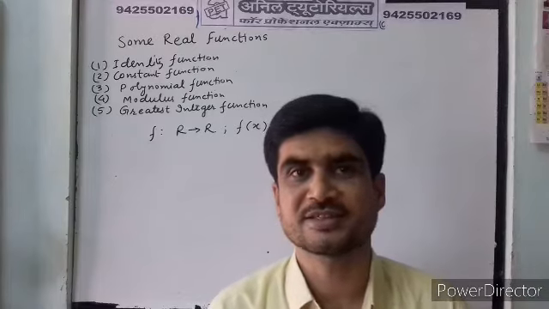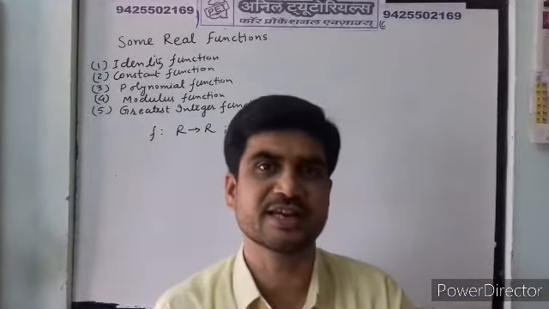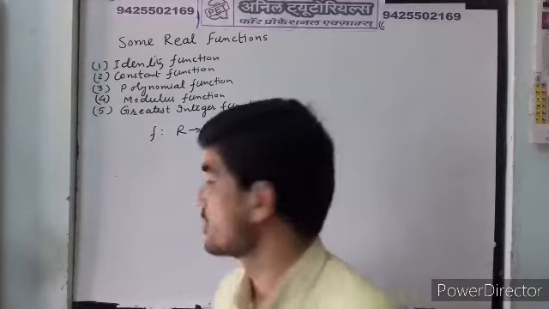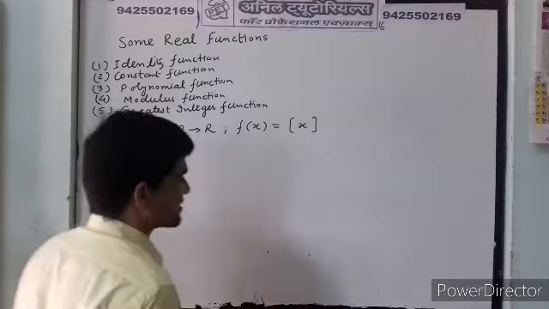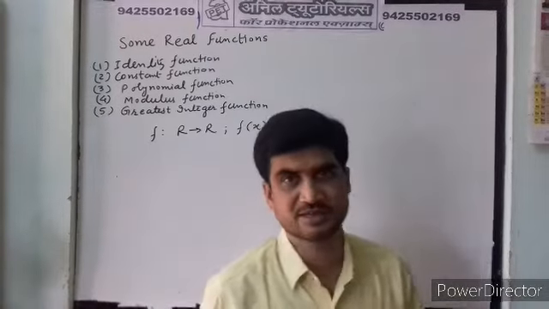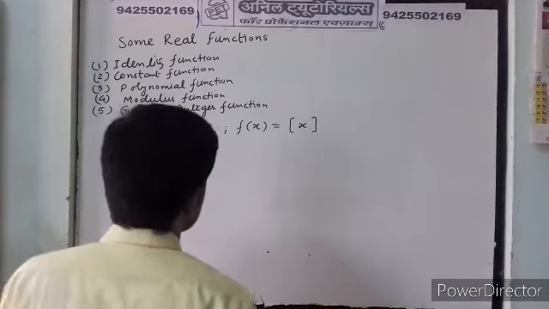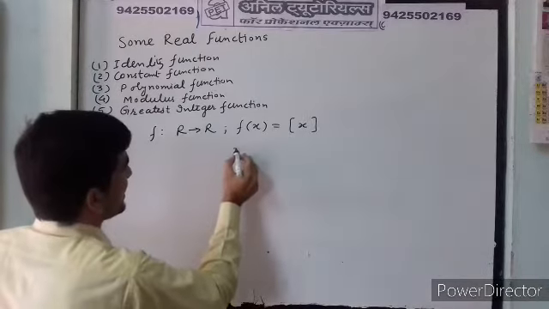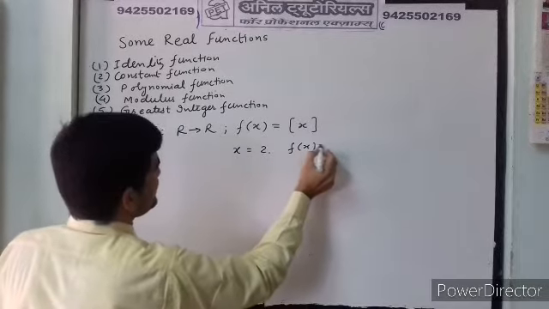Here x is any real value, but f(x) is the greatest integer of x. So whatever values of x you take, you will always get an integer for y. Means f(x) is always an integer. For example, if you take x equal to 2, you will get f(x) also 2.